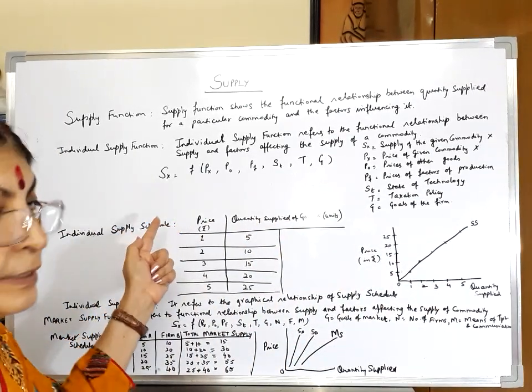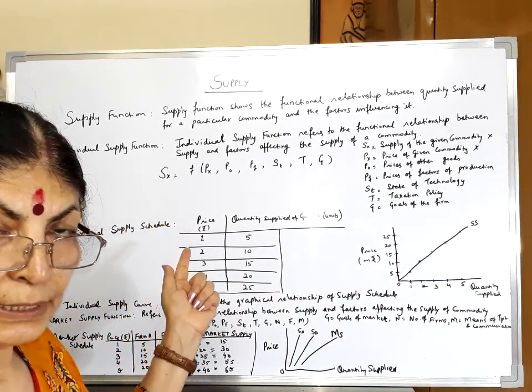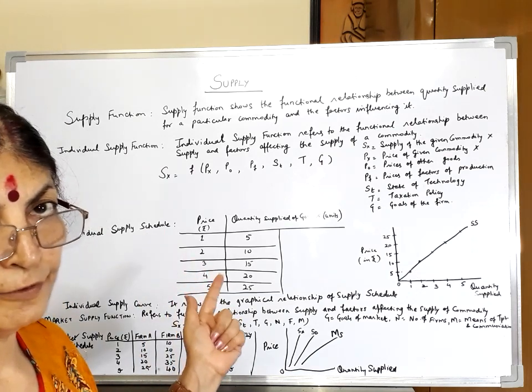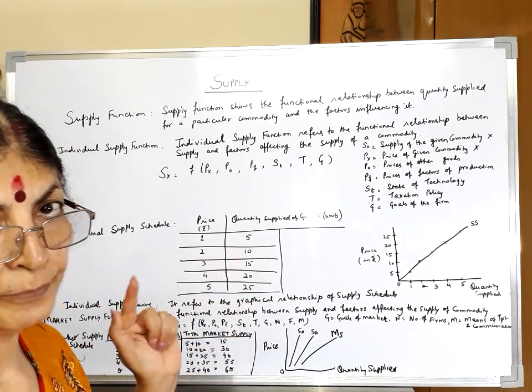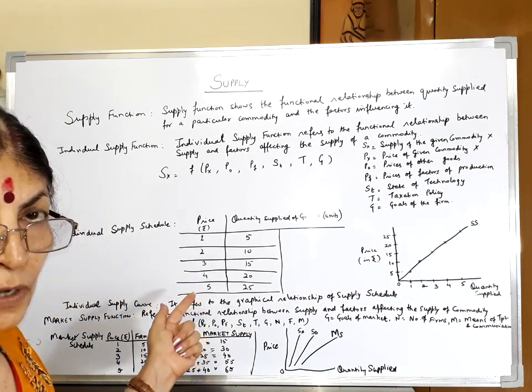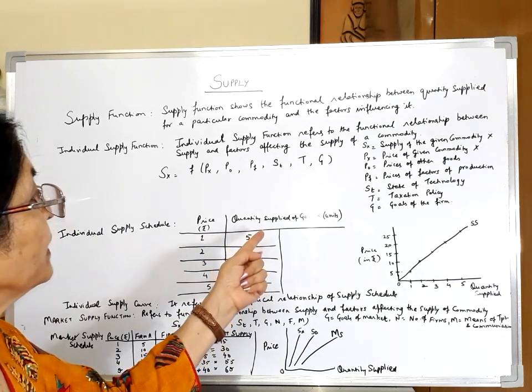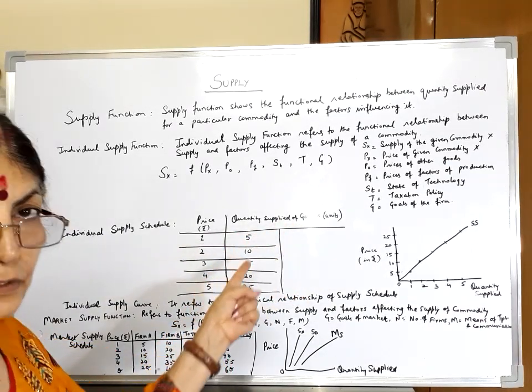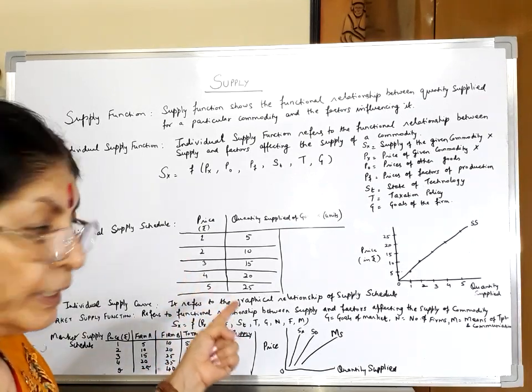So, what does the individual supply schedule indicate? It indicates the quantity supplied by a firm at different prices. The price column is here on the left hand side, and the quantity supplied of good X is written on the right side of this table.